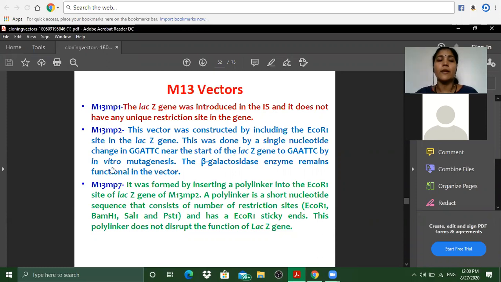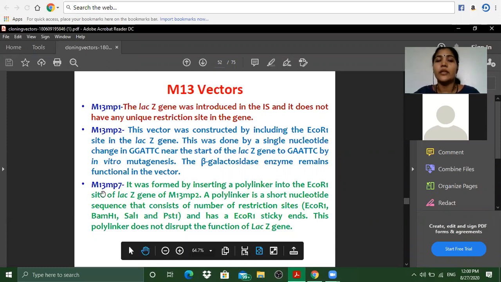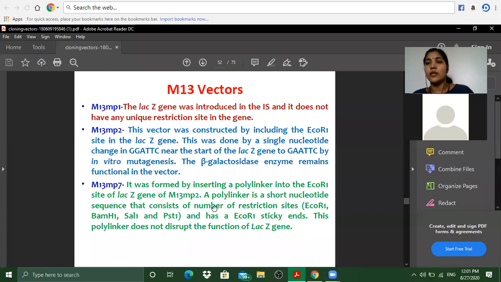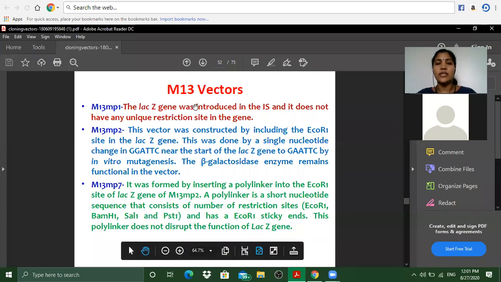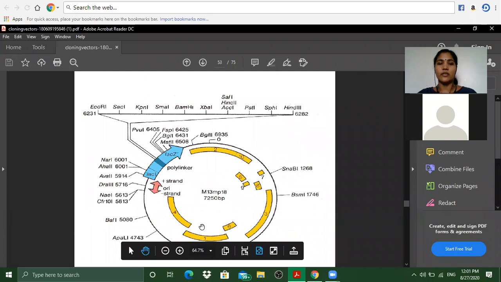Okay, and then another, M13MP7. I'm not going to talk in detail, but they constructed a more advanced version of this particular vector, which is much less tedious, and in which we can easily manipulate the DNA structure and integrate our DNA of interest. So these are the examples of M13 vectors, and that is how they have shown it over here.